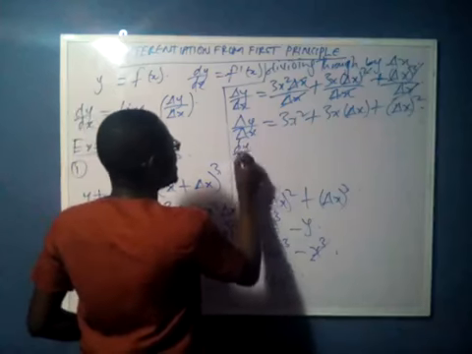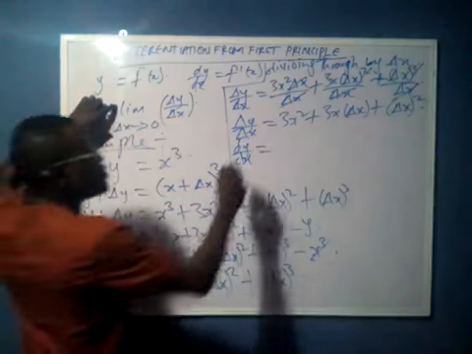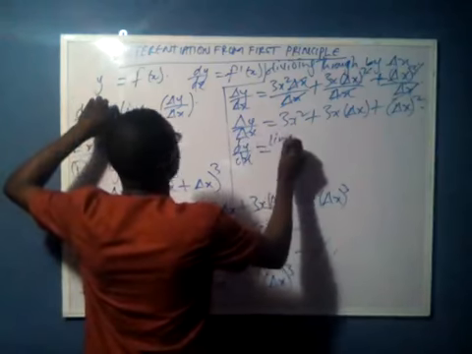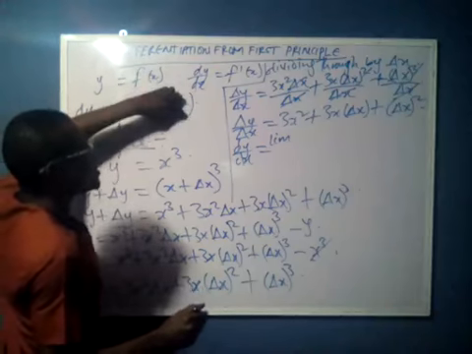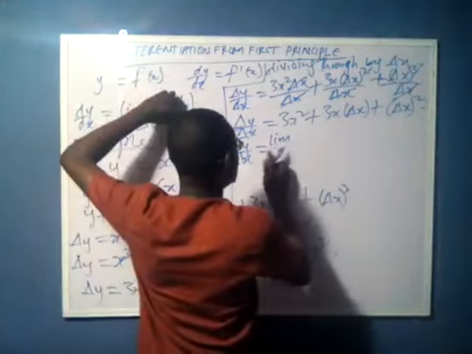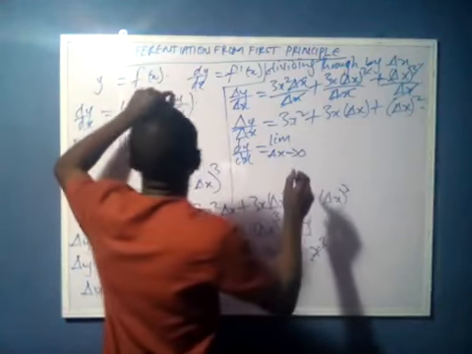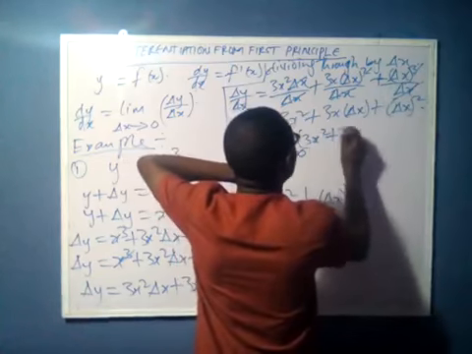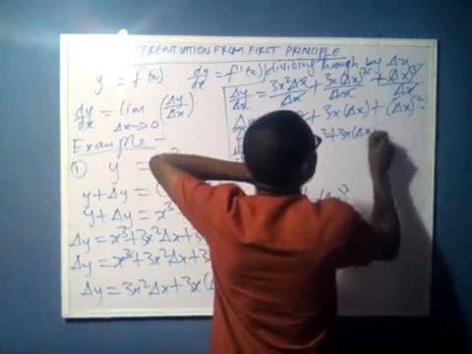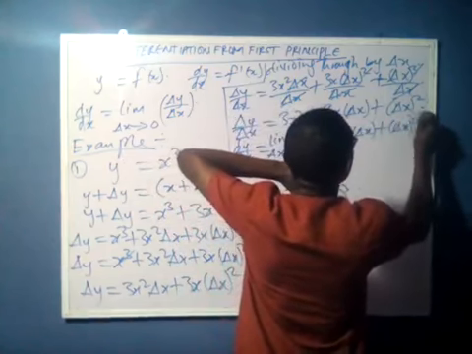You recall that dy/dx is the limit as change in x tends to 0 of delta y over delta x. So we're going to put the limit as delta x tends to 0 of 3x squared plus 3x delta x plus delta x squared.